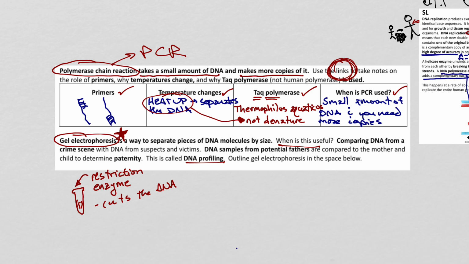So, for example, you might have a restriction enzyme that looks for ATTCTTA, and when it sees that in the DNA, it makes a cut. Those are my scissors. It makes a cut in the DNA right there. So what you end up with is a bunch of DNA strands of different lengths, some longer, some super short, but there we go.